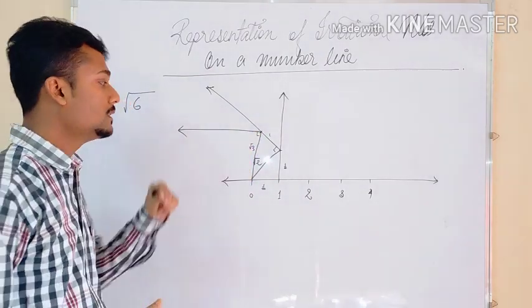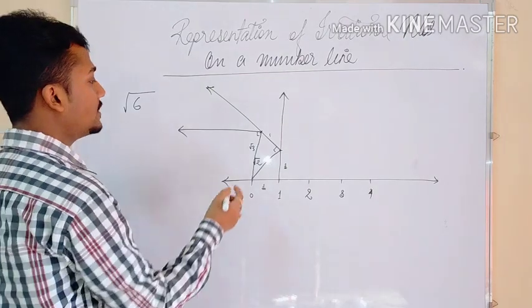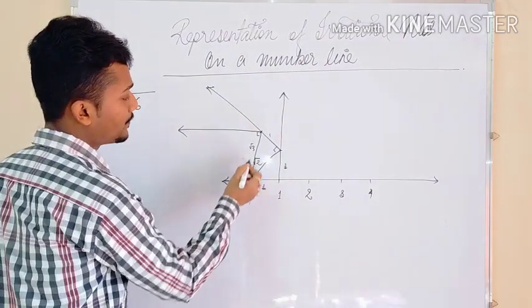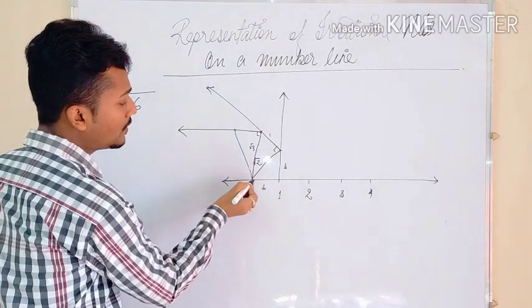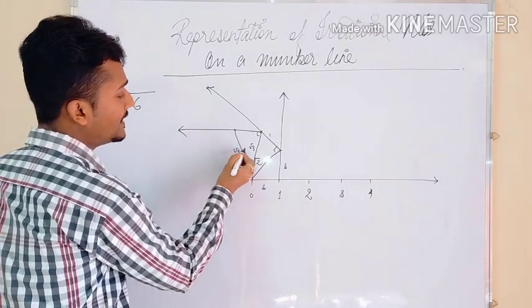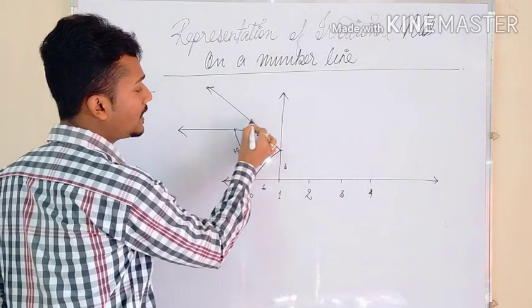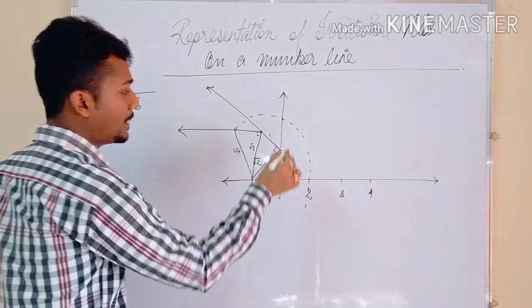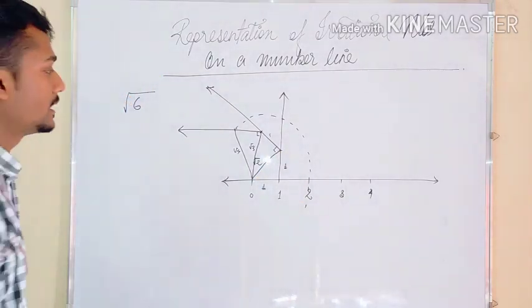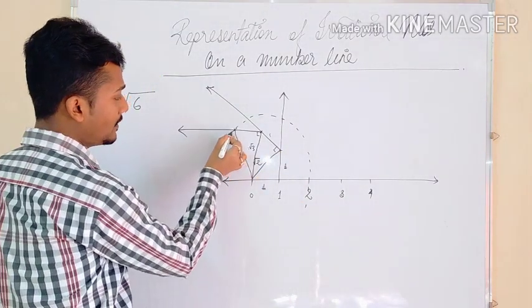So root 3. If I take one more unit here, I will get root 4. That means if I draw an arc from here, it will pass through 2.